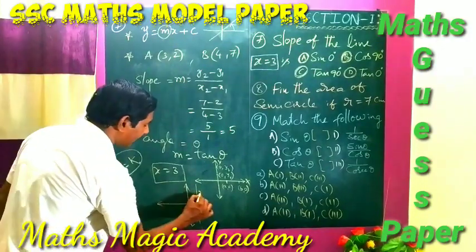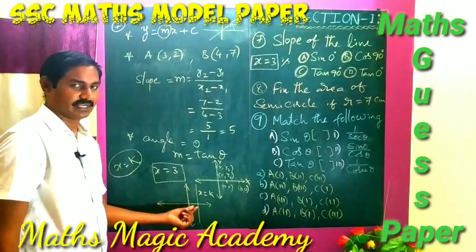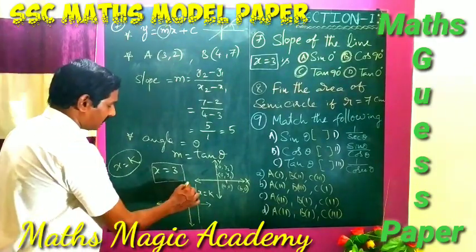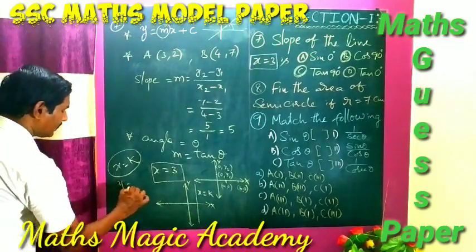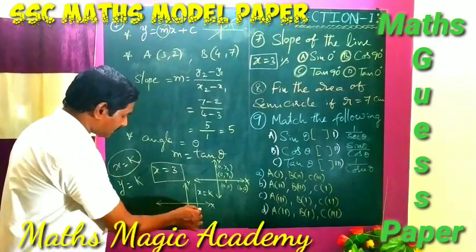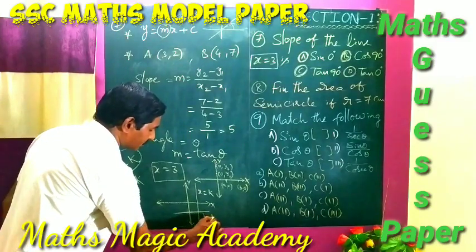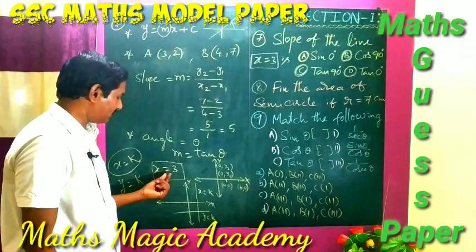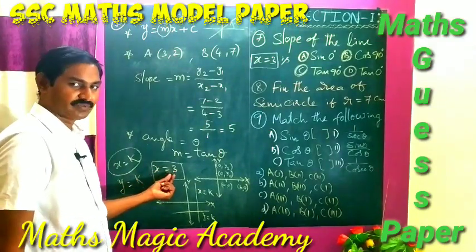That means x equals to whatever number you take, that will be parallel to y-axis. If it is the line y equals to k, then it is parallel to x-axis. That is y equals to k. Okay, understood? If the line is like x equals to 3, then what is it?